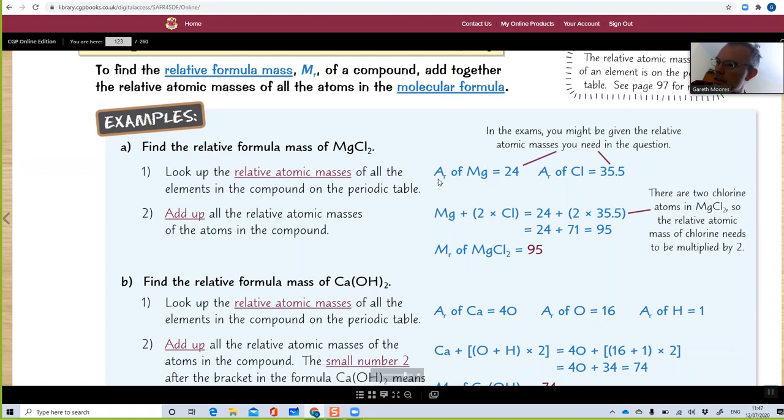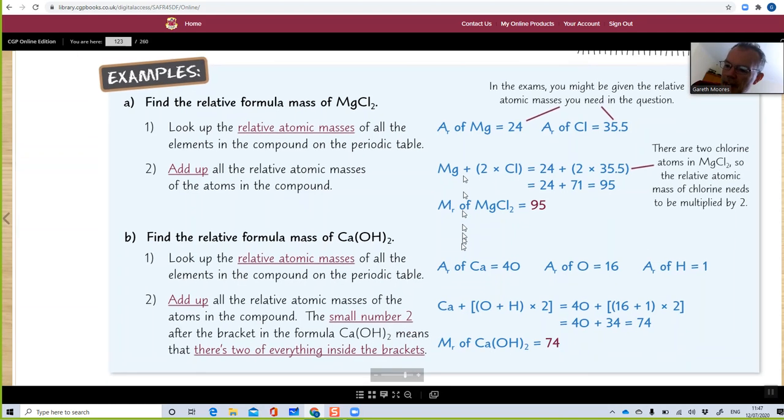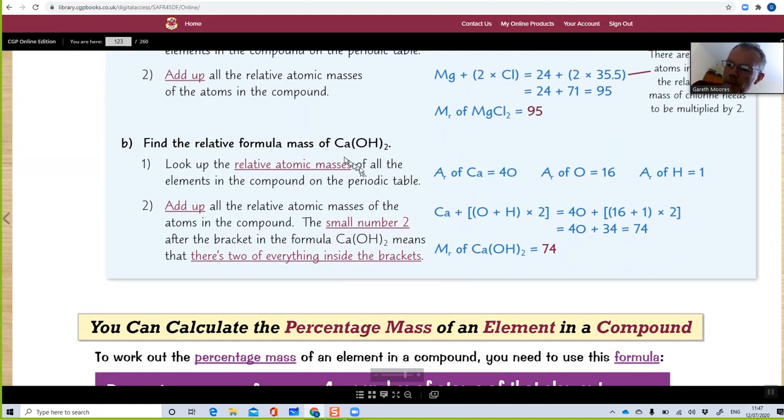You have the two symbols, you've got the atomic mass, the atomic number. Chlorine is 35.5. So you've got two chlorines, so 2 times 35.5, and one magnesium, 24. You add them up, the relative formula mass of magnesium chloride is 95. You just add up the mass of the individual atoms, elements.